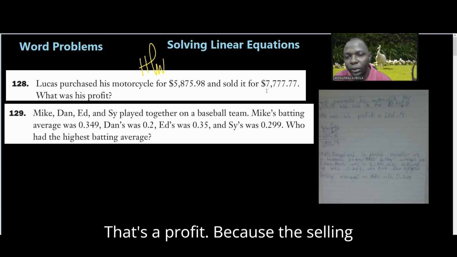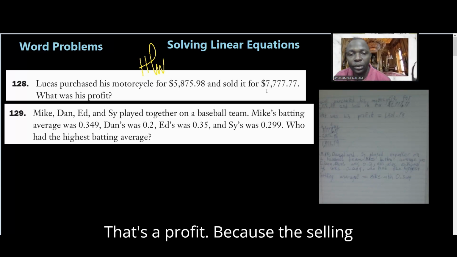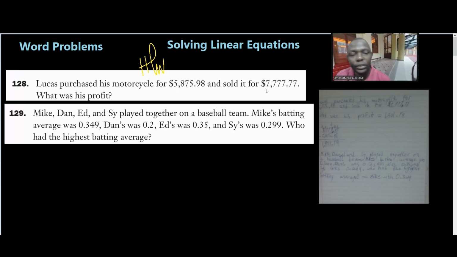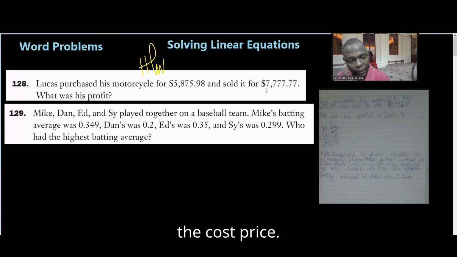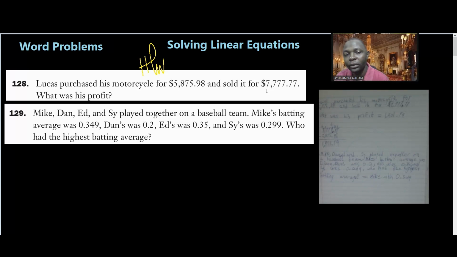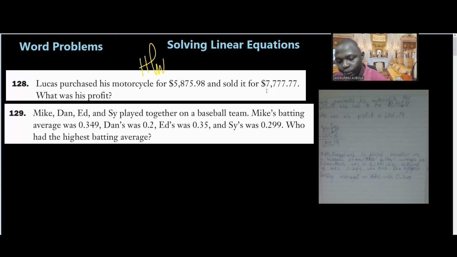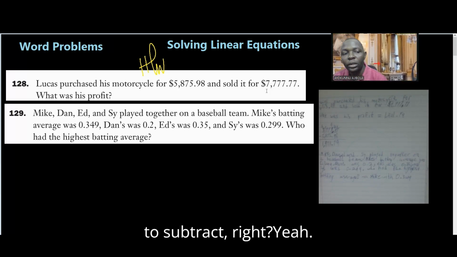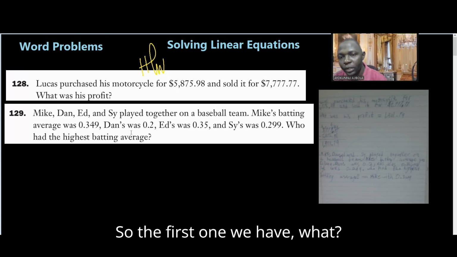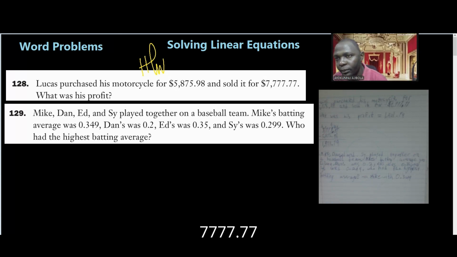Now, you bought something for 5,000 and sold it for 7,000. That's a profit because the selling price is higher than the cost price. Okay, so you say, what is the profit? That means we're going to subtract, right?